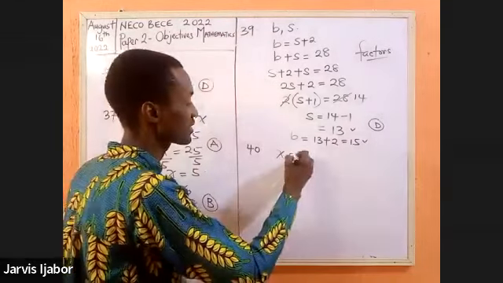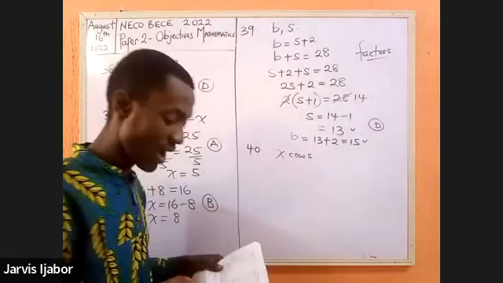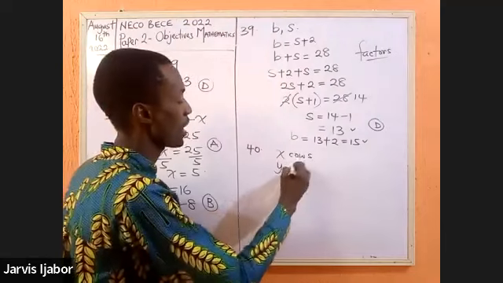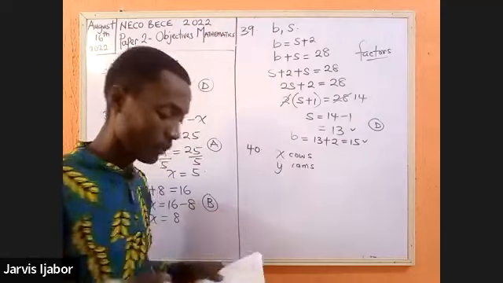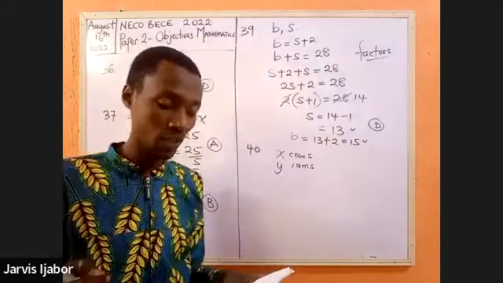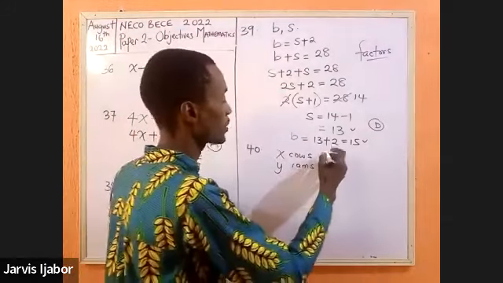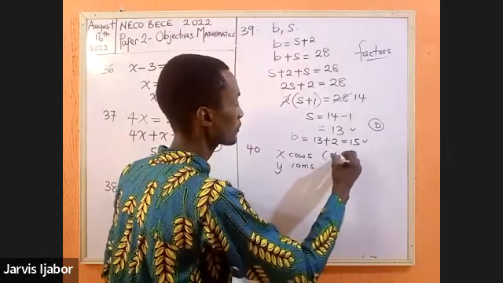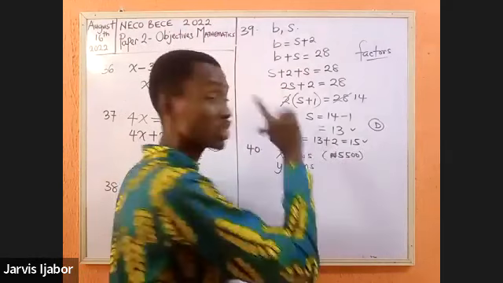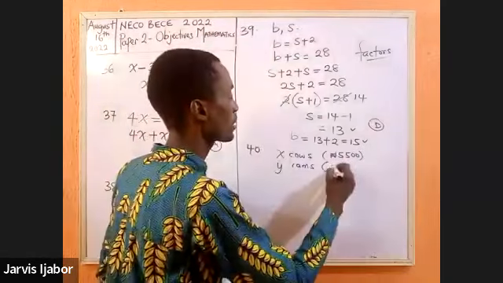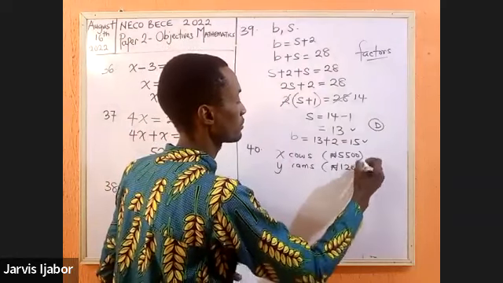X cows. And how many rams has he? Y rams. Now, the next important thing you want to take note of is, what's the profit he's making on each one? For each cow, he's making what? 5,500 each. For each ram, he's making 1,200.